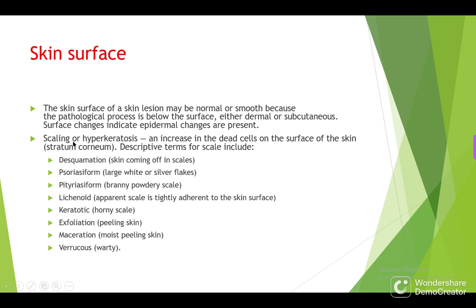What is the condition of the skin on the lesion? It may be scaling or hyperkeratosis, an increase in the dead cells on the surface of the skin, the stratum corneum. Descriptive terms for scaling: desquamation, skin coming off in scales; psoriasiform, large white or silver flakes; pityriasiform, a fine powdery scale; and lichenoid, where the scale is tightly adherent to the skin surface.